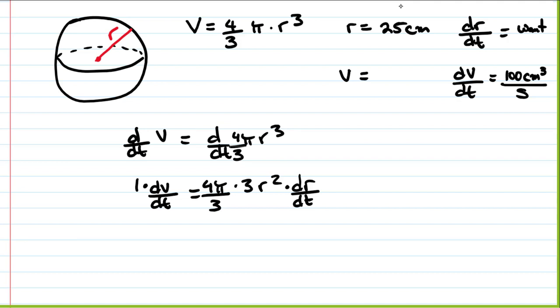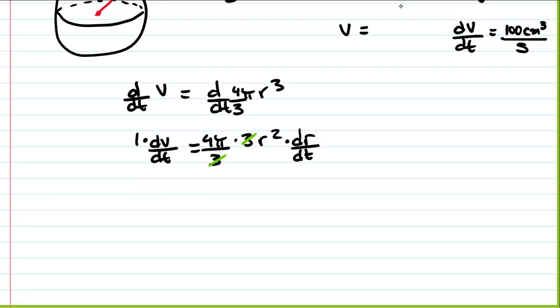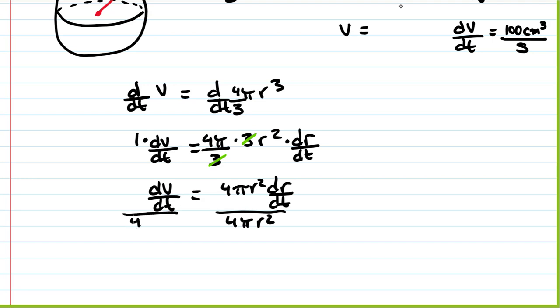All right. So now we want dr/dt. Reduce a couple of things out. We have dV/dt is equal to 4 pi r squared dr/dt. So we want to solve for dr/dt by dividing by 4 pi r squared on both sides.